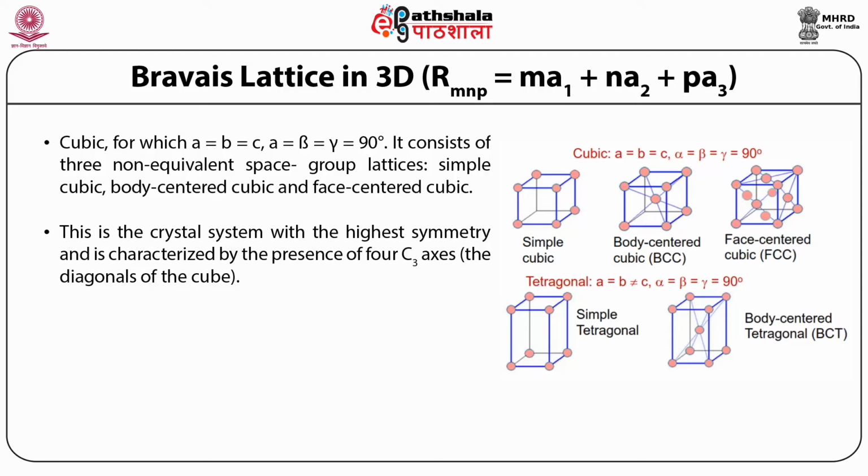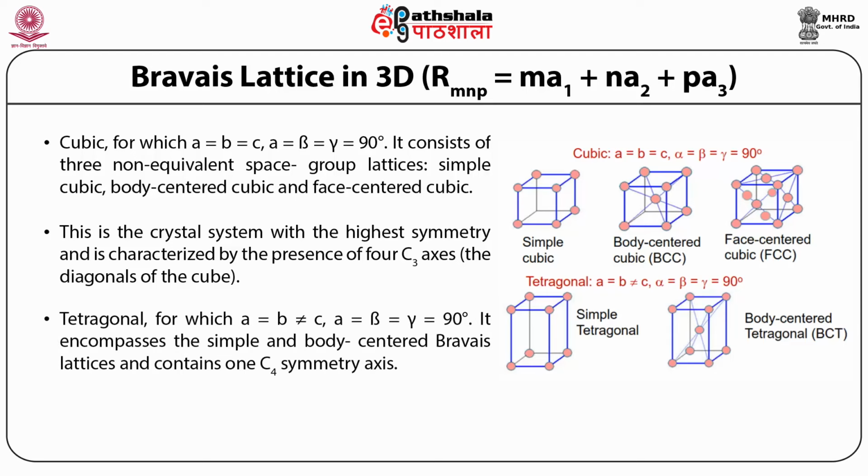Now in tetragonal geometry, A is equal to B but not equal to C, and alpha is equal to beta is equal to gamma is equal to 90 degrees. It encompasses the simple and body centered Bravais lattice. Now you can see that there are 2 structures here, that's a simple tetragonal and there is a body centered.